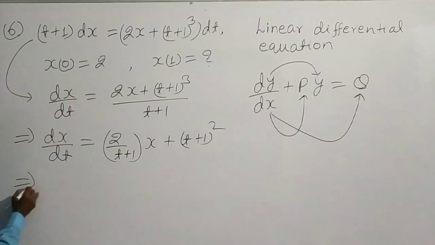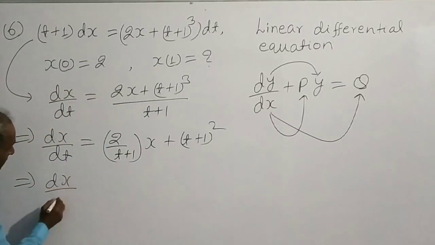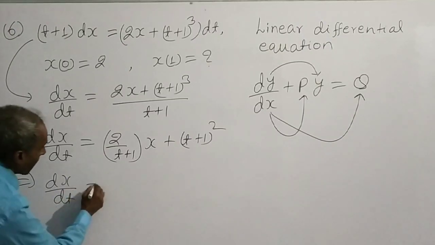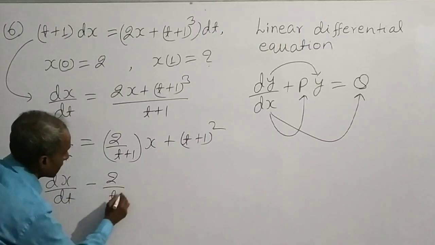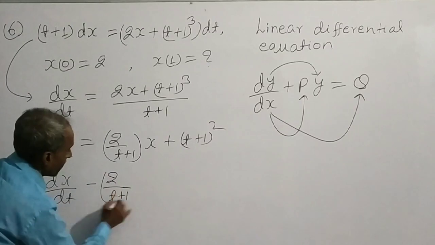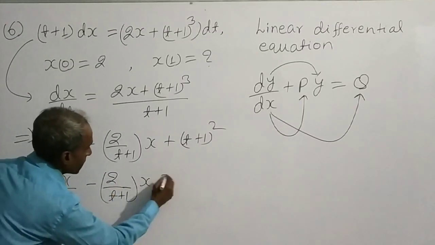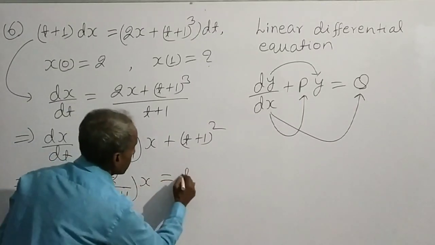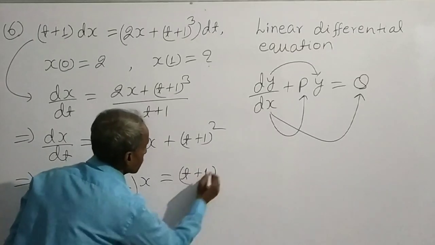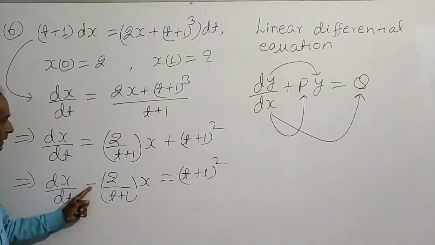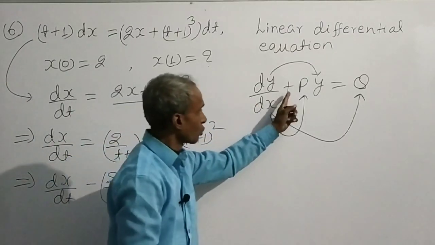This implies dx by dt minus 2 by t plus 1 x is equal to t plus 1 square. Here is a minus sign, but here should be a plus sign.